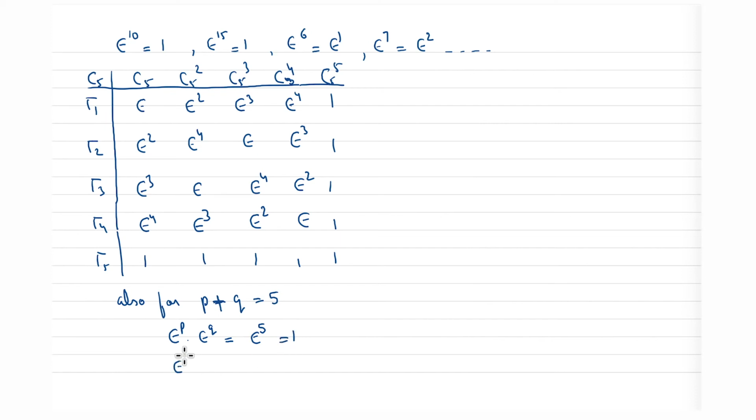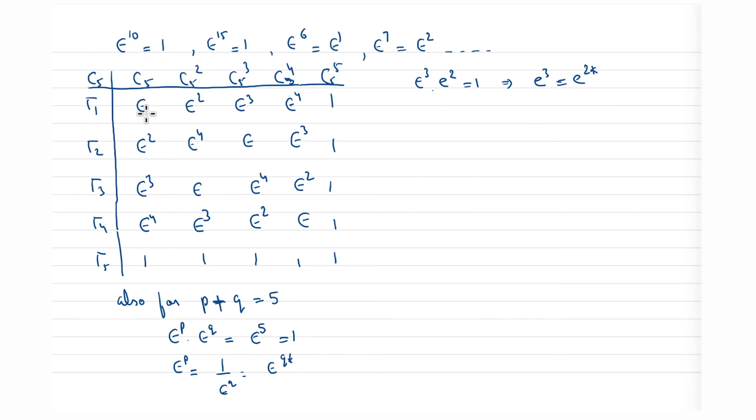That means epsilon p is equal to 1 over epsilon q, which is nothing but epsilon q star, because this is a complex number. So conjugate of q basically, right? Q star. Okay. So that means, for example, if I have epsilon to the power 3 into epsilon to the power 2, this will be equal to 1. This implies that epsilon 3 can be written as epsilon 2's conjugate, right?